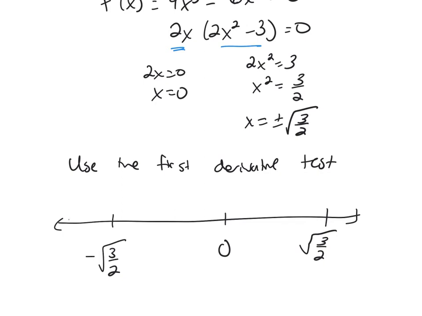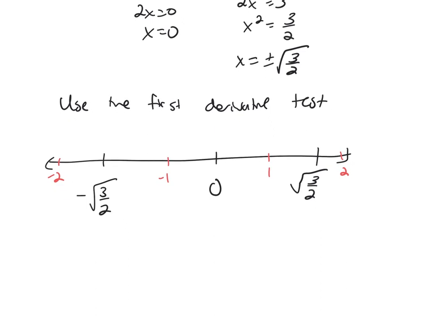So pick -2, -1, 1, 2, and plug them into your derivative. What was our derivative again? It was 4x cubed minus 6x. So if I plug in 1, that will be -2. It'll be positive. -1 will be positive. -2 will be negative.